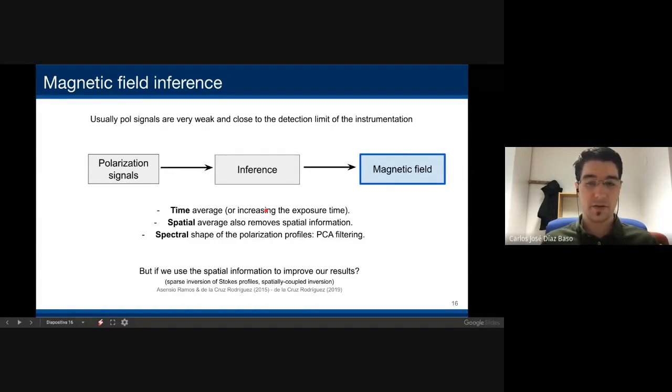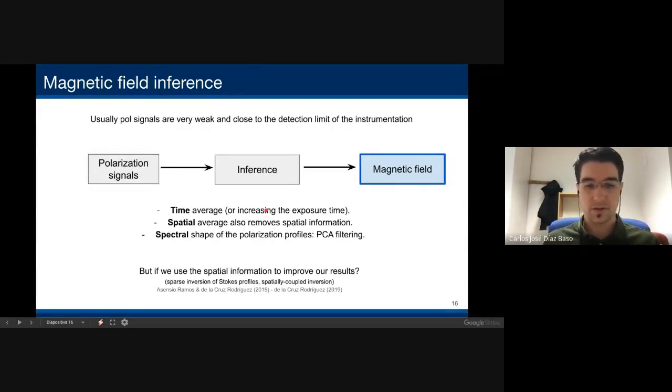So when we extract information, for example, about the magnetic field, by doing an inversion where the pixels are coupled, you expect some smooth behavior in your field of view, or sparse inversions where you expect that when you project the physical quantity into a spatial domain, it will be sparse.